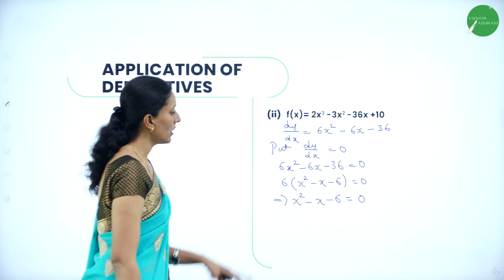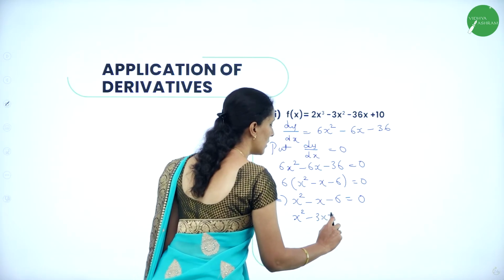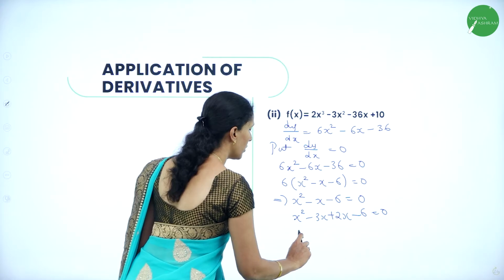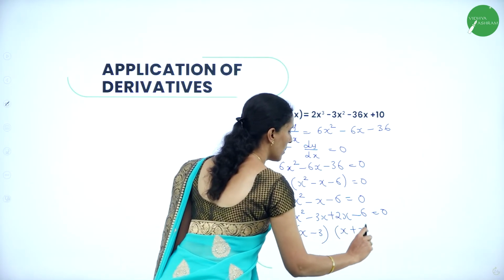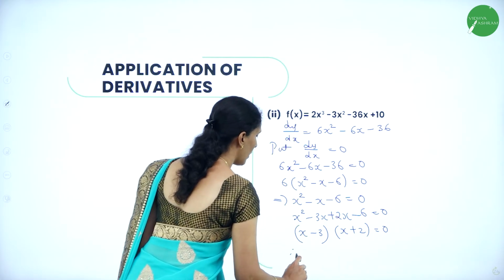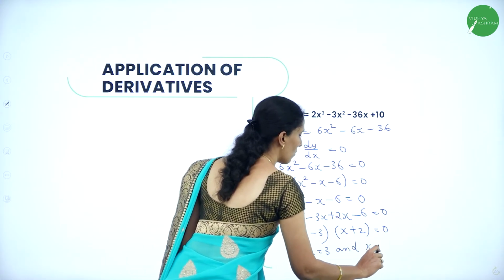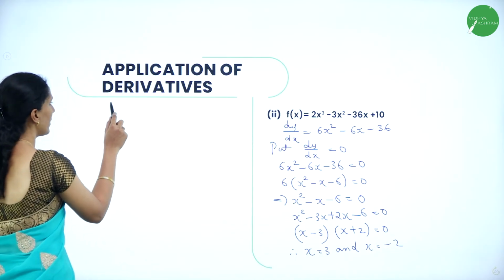So here clearly you can observe x square minus 3x plus 2x minus 6 is equal to 0. You can take x minus 3 and x plus 2 as factors. Therefore, you will get x is equal to 3 and x is equal to minus 2. Let's see the second order derivative.